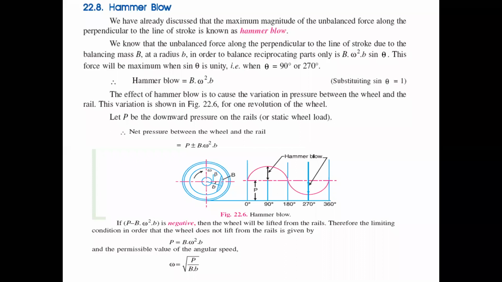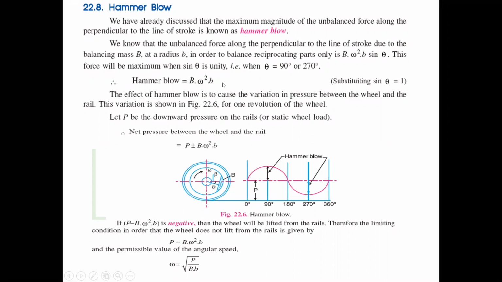So the balancing mass, represented by capital B, and its radius, small b, in order to balance the reciprocating parts, give the value B omega square b sin theta. Actually, the vertical component is B omega square b sin theta.